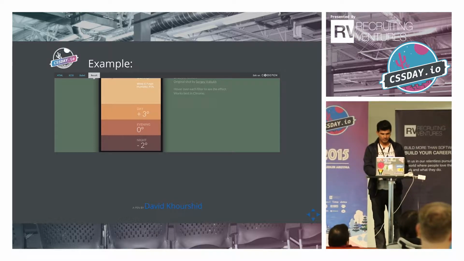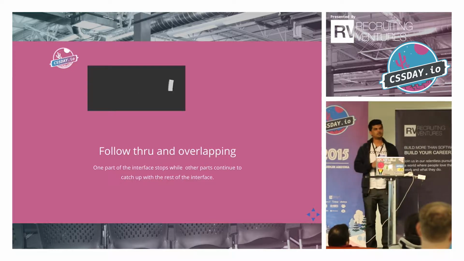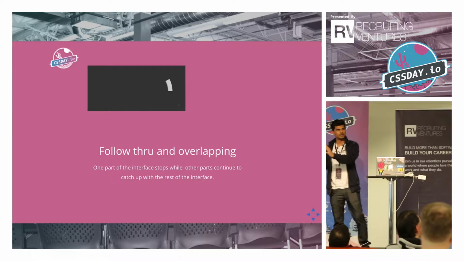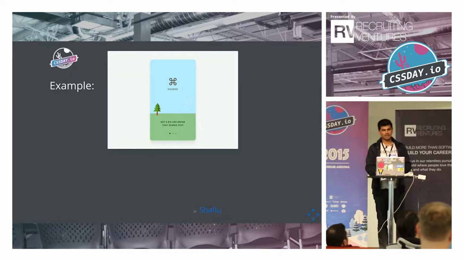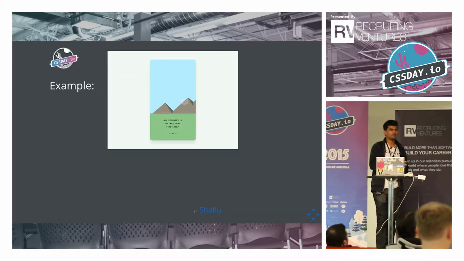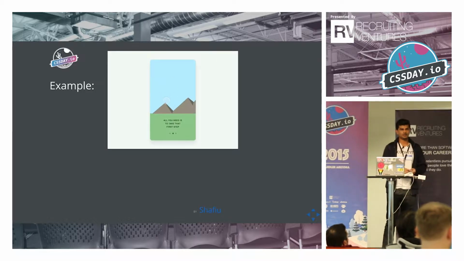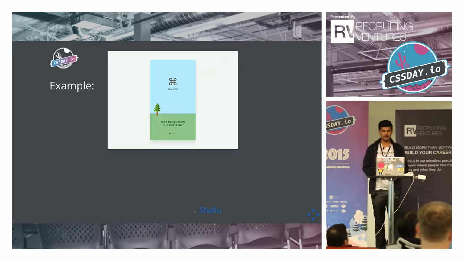The next one is follow through. Follow through is pretty much an object moves and then everything else follows with it. Just as you see in that picture, you can see that in the onboarding process of a basic app that you can create. You can create these kinds of interactions today using CSS to build your UI better.